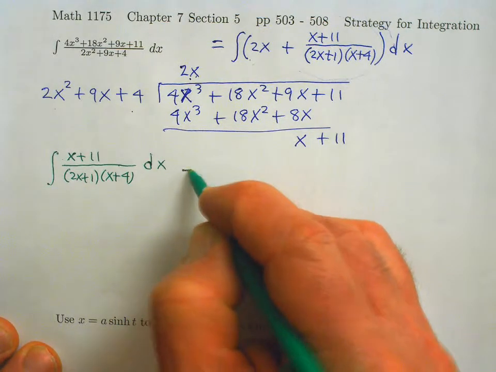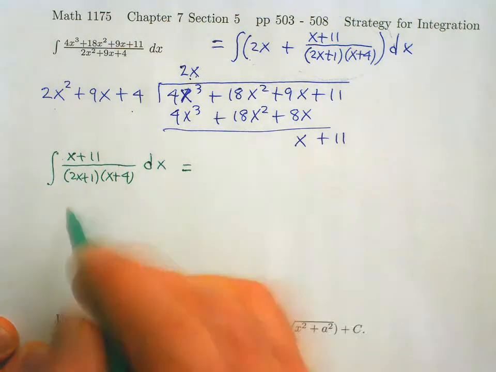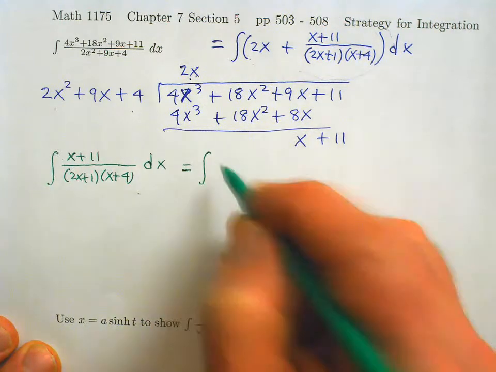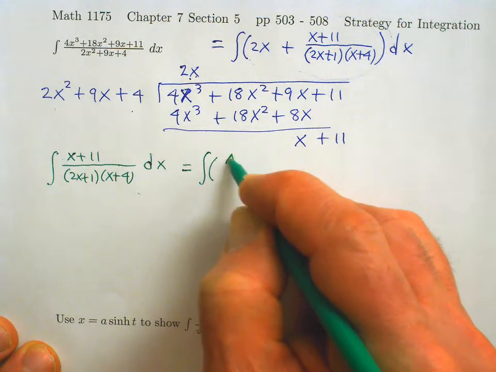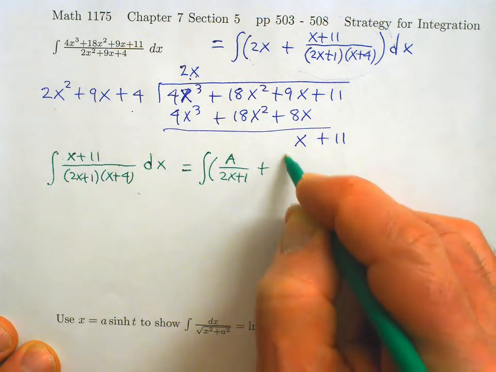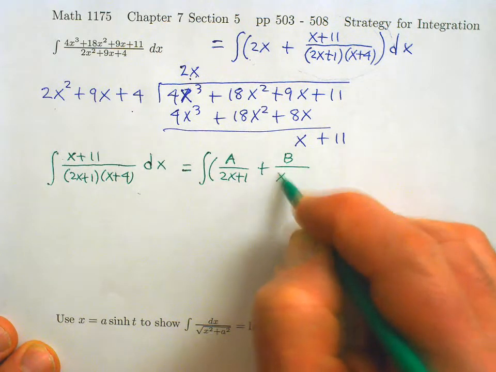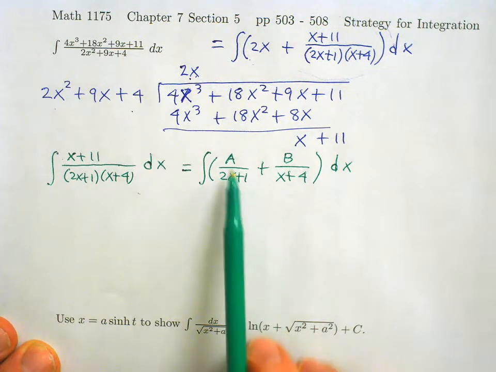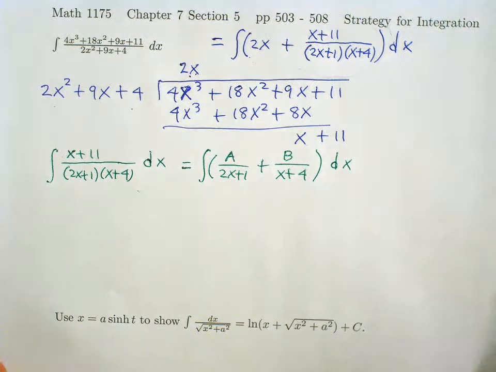Okay, so this is going to involve, since the factors in the denominator are linear, the indefinite integral of some number a over 2x plus 1 plus b over x plus 4. And once we know what a and b are, we'll be able to evaluate the integral.